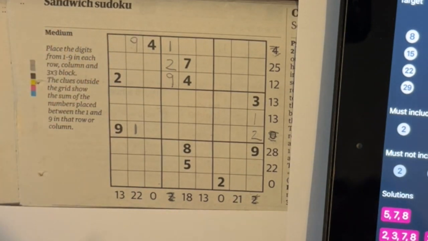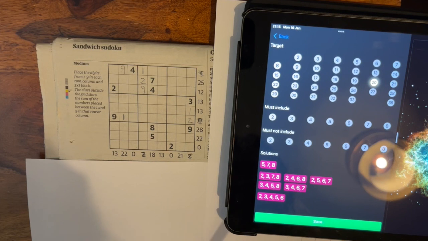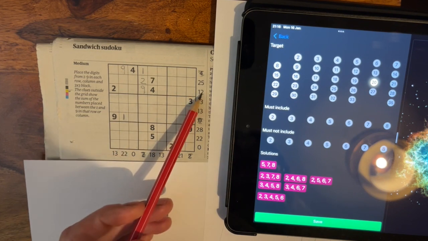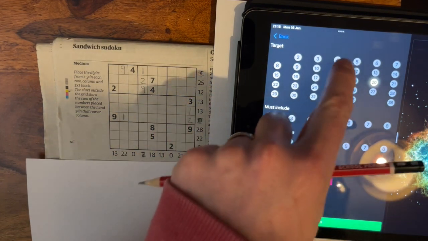So what we can do now is start to use the app to help us. Maybe it's going to give us some more information here, because I've got this 9 here and it says the target is 12, so I'm going to select 12.